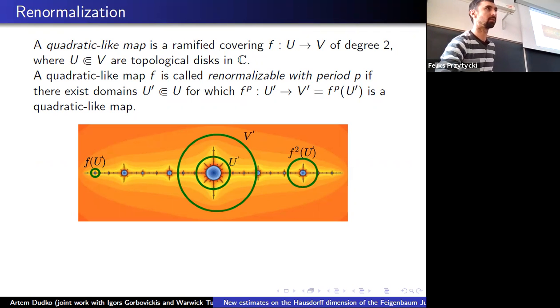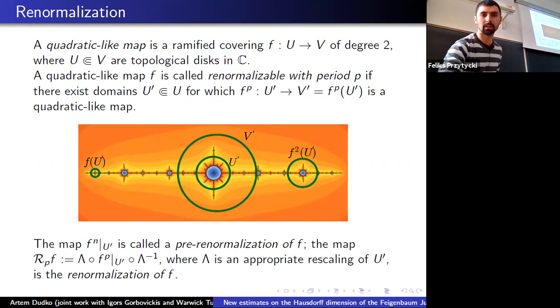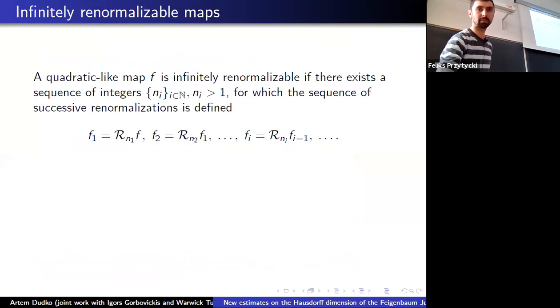So again, we have only one critical point inside, of degree 2. This restriction of f^p to U prime is called a pre-renormalization of f. And if we take this pre-renormalization and appropriately rescale the domain, then the result is called the renormalization of f. So this is a brief reminder.